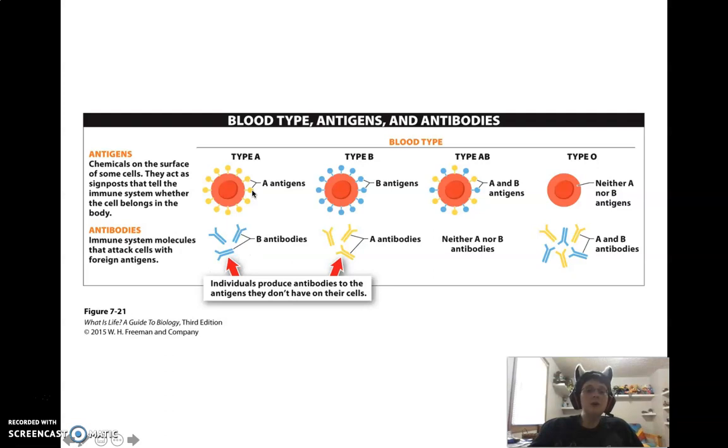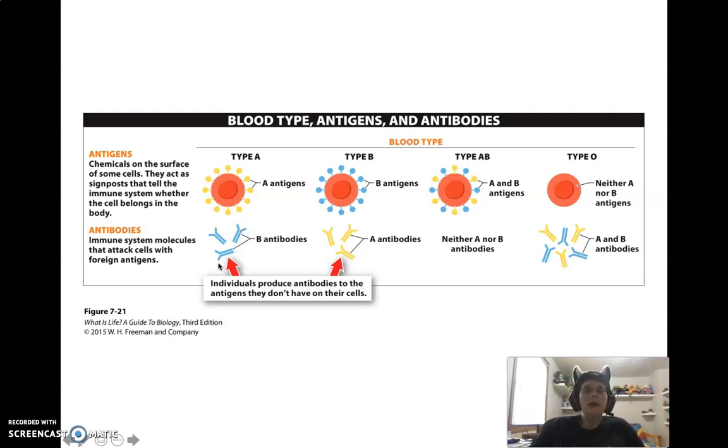Okay, so you get these antigens, these flags on your blood cells, and you get these B antibodies if you have type A. Now, if you look, these guys won't fit. They're the wrong color to attach to A antigens. So they won't attack your own red blood cells, but if you get type B cells into your system, they will attack.